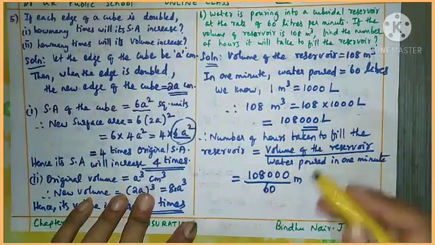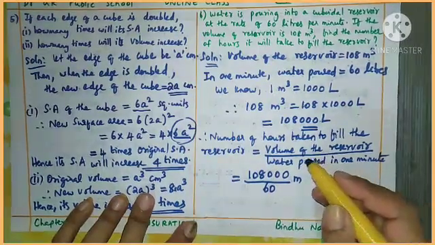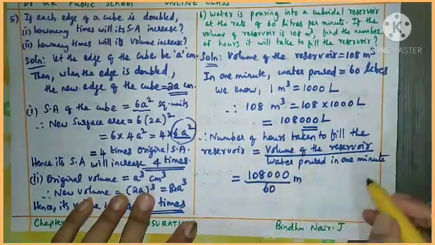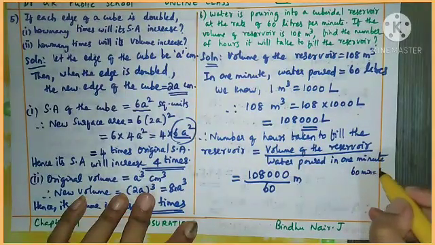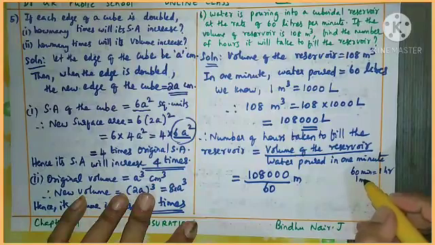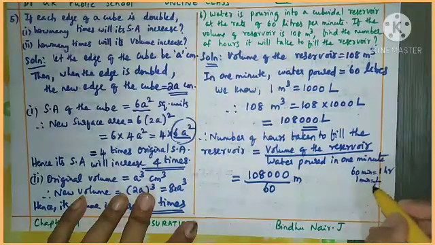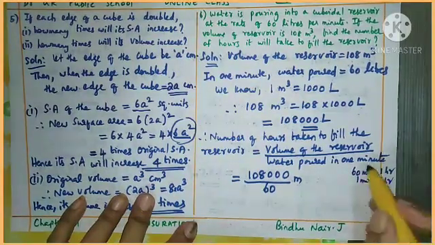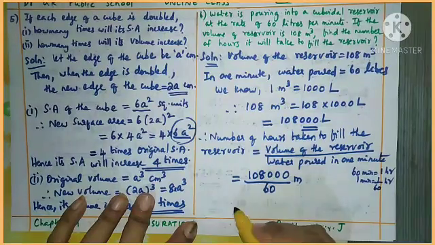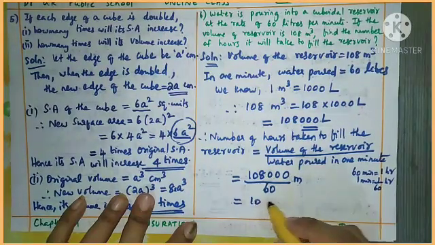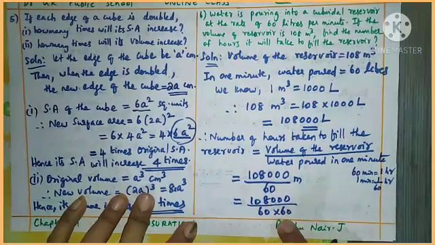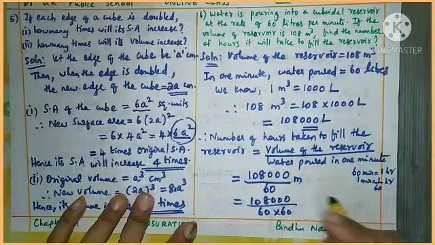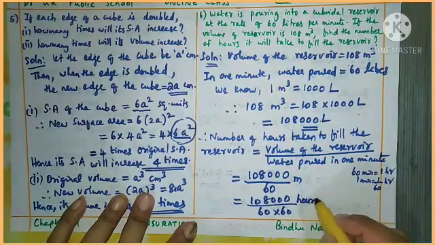We want to convert into hours. So to convert minute into hours, what we want to do? 60 minutes is 1 hour. So 1 minute is equal to 1 by 60 hours. That is, you want to divide by 60. So that is equal to 108000 by 60, and one more 60 will come in the denominator. That is, we want to convert into hours.